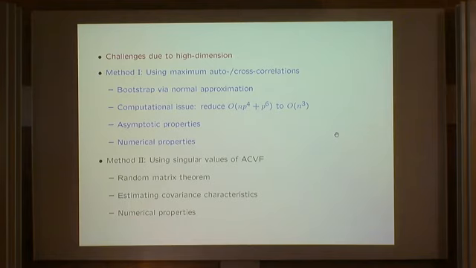The problem is working out the p-value, and the way we solve it is to use the bootstrap by the normal approximation, which intuitively is very simple. There is a computational issue in implementing this procedure in the high-dimensional setting; it's computationally intensive. Here n is the sample size, the length of the time series, and p is the dimension, how many components of the time series we look at.